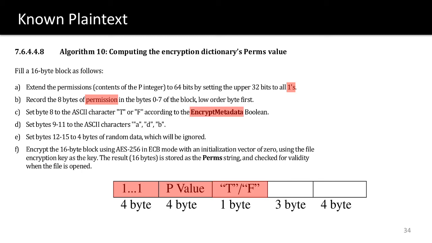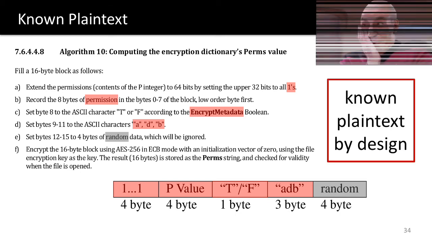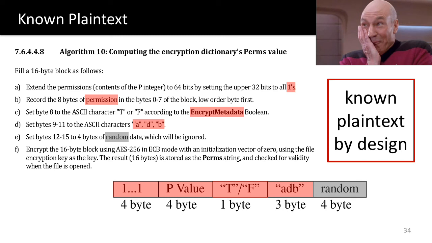And then there's 1 byte that says T or F, that states if the metadata in the document should be encrypted, which you can also see from the document, so that's also known plaintext. And then I leave it up to you why they added a static string that says ADB. And then they had no more ideas and they added some random bytes to fill it up to 16 bytes. But this means that we have 12 bytes of known plaintext by design. Okay, which is pretty bad.